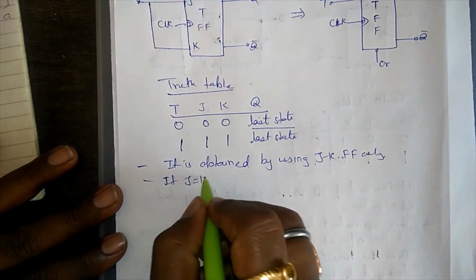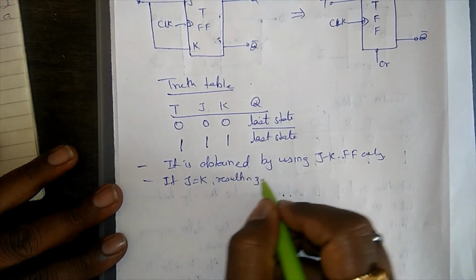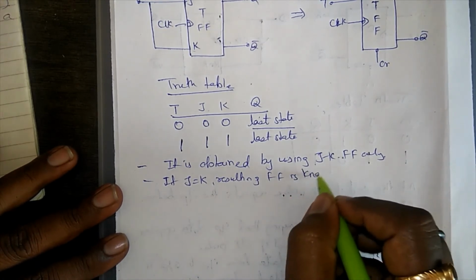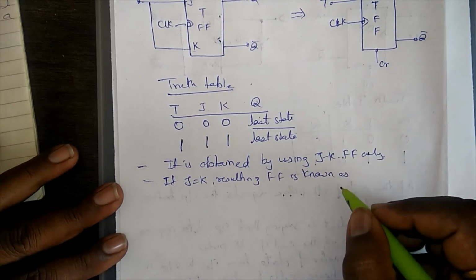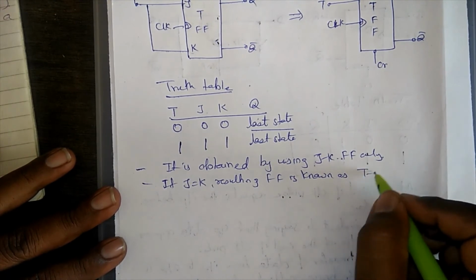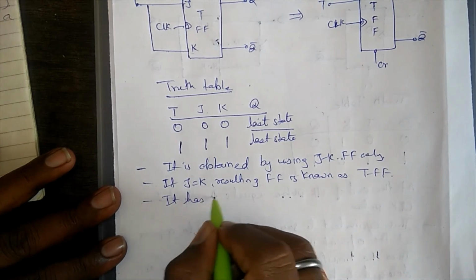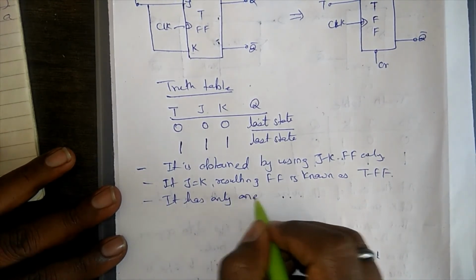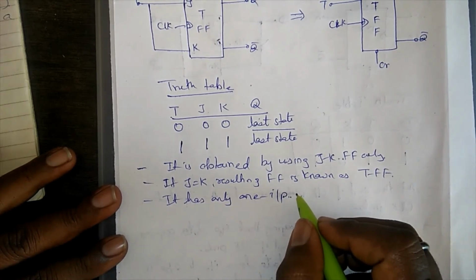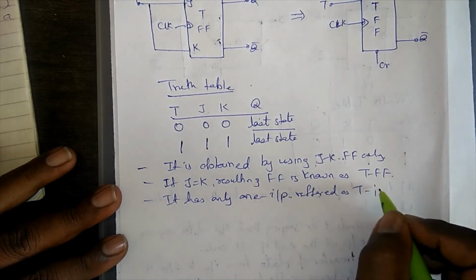If J equals K, the resulting flip-flop is known as the T flip-flop. It has only one input, referred to as the T input.